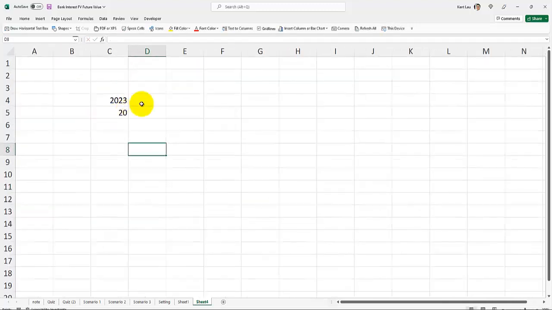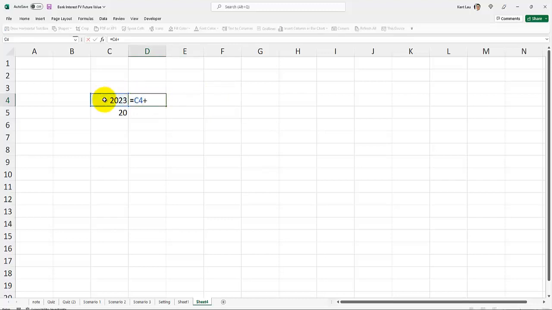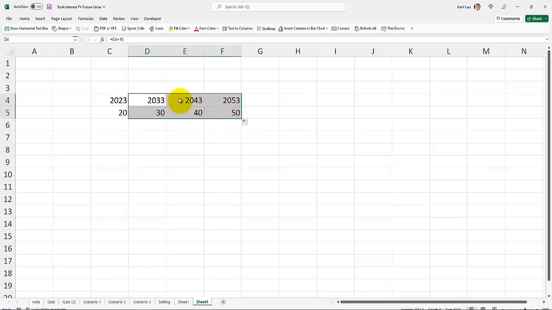So in 10 years' time, how would you become? You take this plus 10 years. So same goes to here, right? So you become 30 years, and then you just drag here, and you can see that by year 20, this is your year. Okay, year 20. So again, I repeat, right?